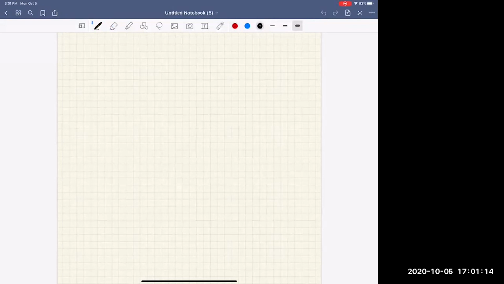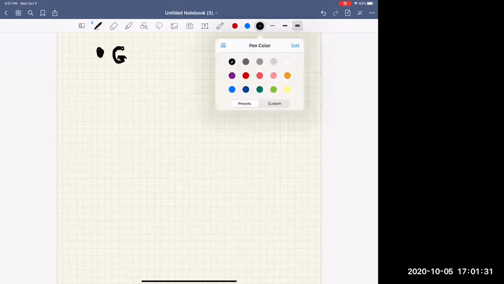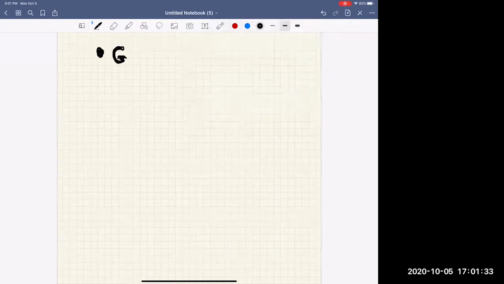So I want to start with the following setup. G is a, sorry, trying to make the pen finer. There we go. Okay, so G is a linearly reductive group.